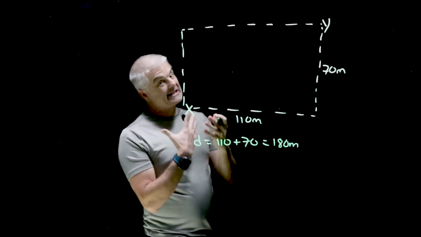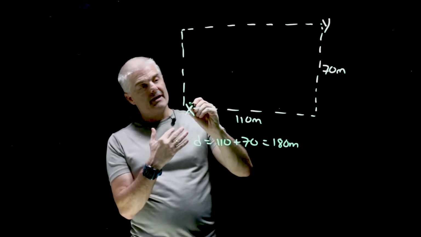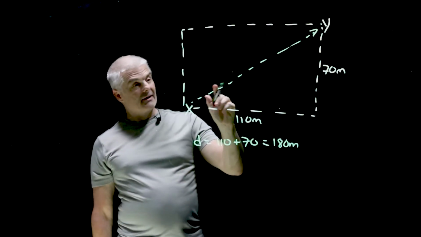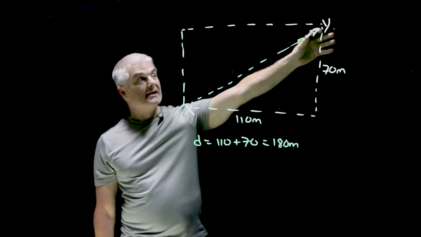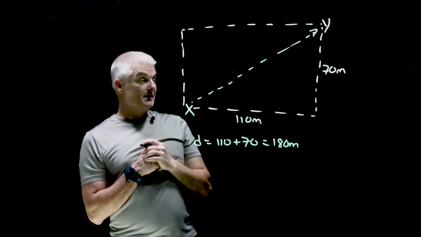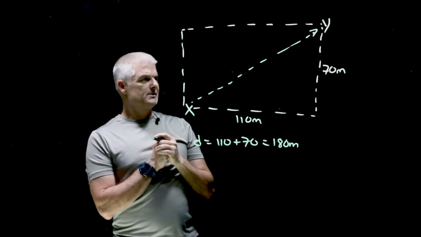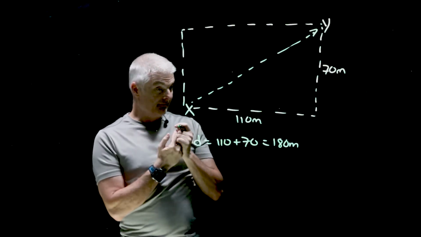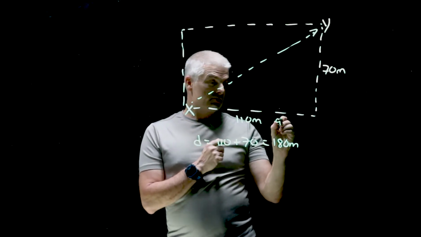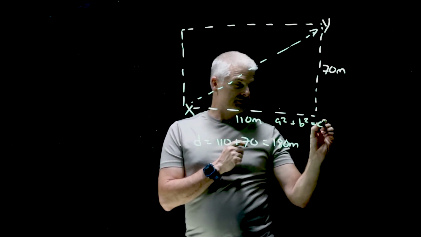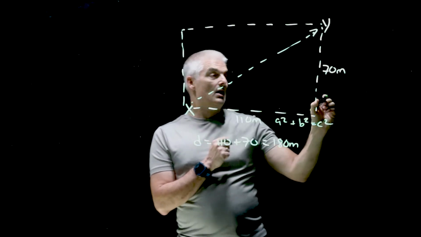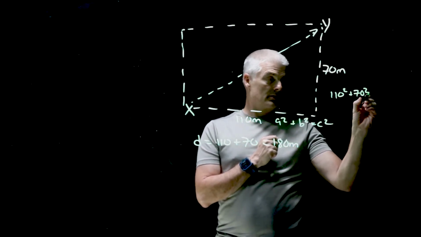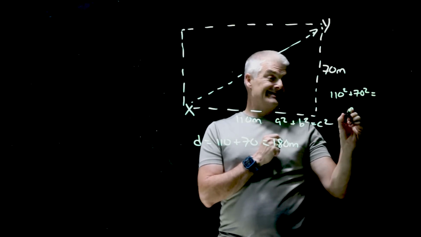But his displacement is different because if you were to draw a straight line, we could figure out that the hypotenuse is actually the displacement that he travels. How would you figure this out? Well, a little simple math. You might recall this thing called the Pythagorean theorem that says a squared plus b squared equals c squared. So I can take 110 squared plus 70 squared, and that equals c squared.